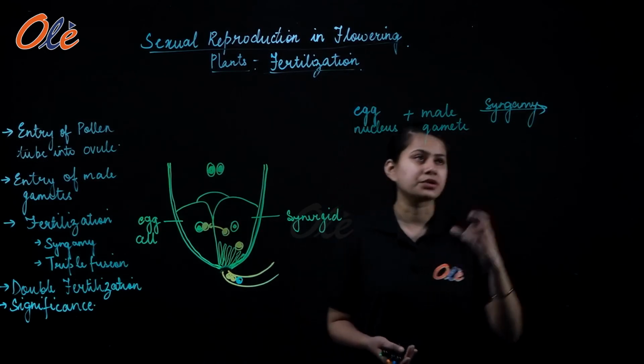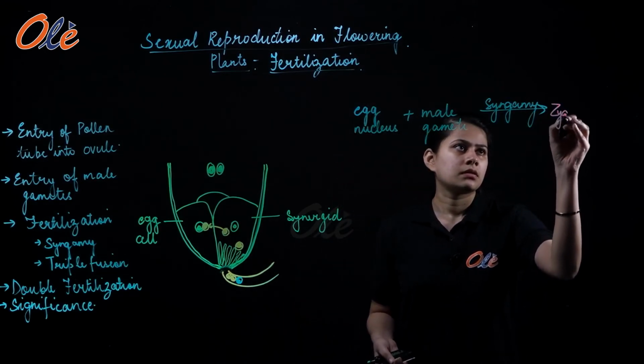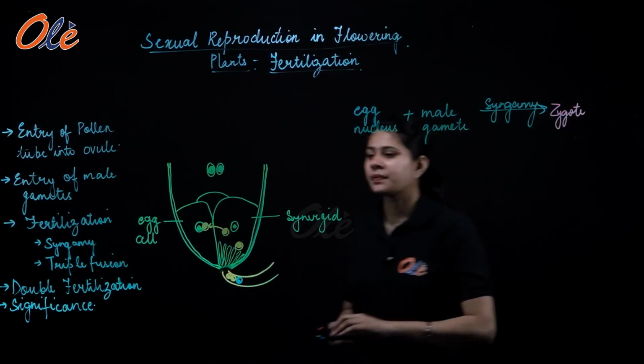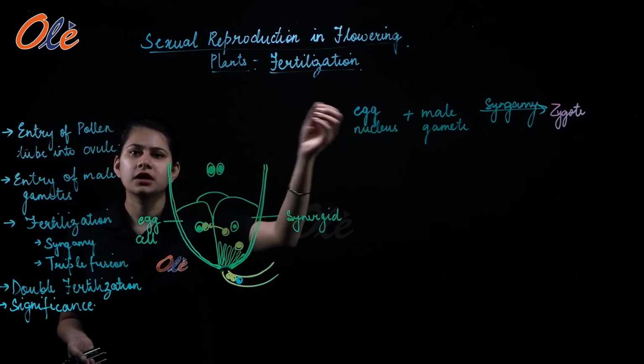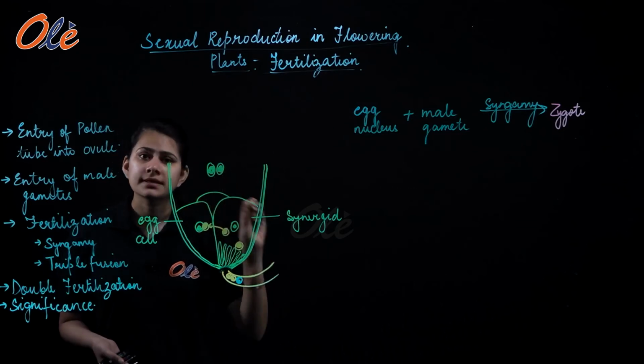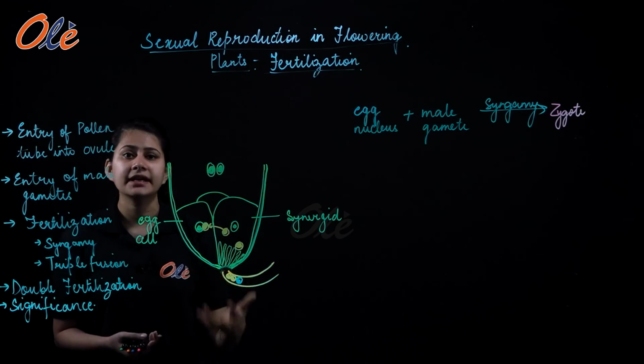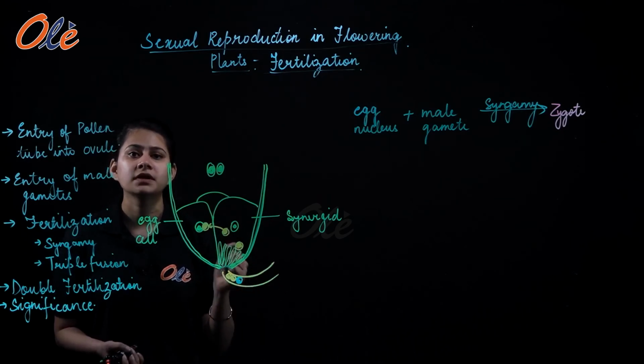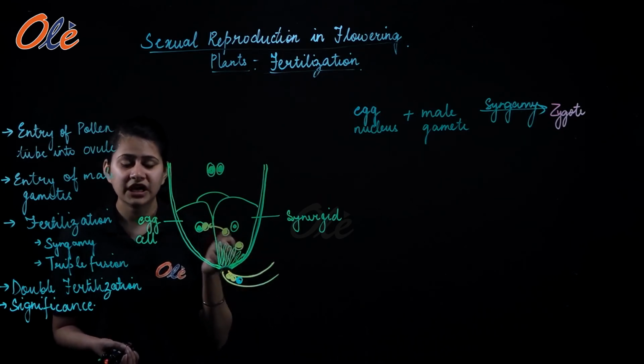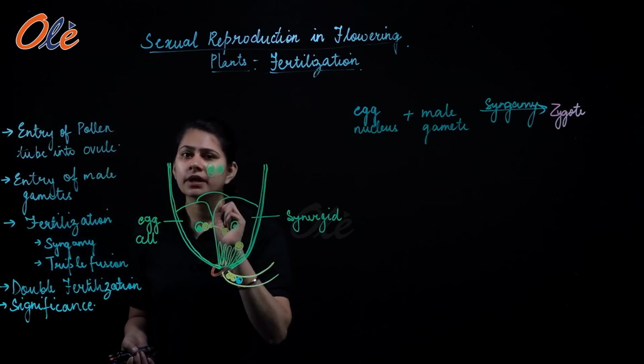It is the zygote. Right? The egg nucleus is going to fuse with the male gamete to form the zygote. इसका further development होगा into the embryo and finally it will lead to the development of the new plantlet. Right? Now, ये बात हो गई syngamy की.